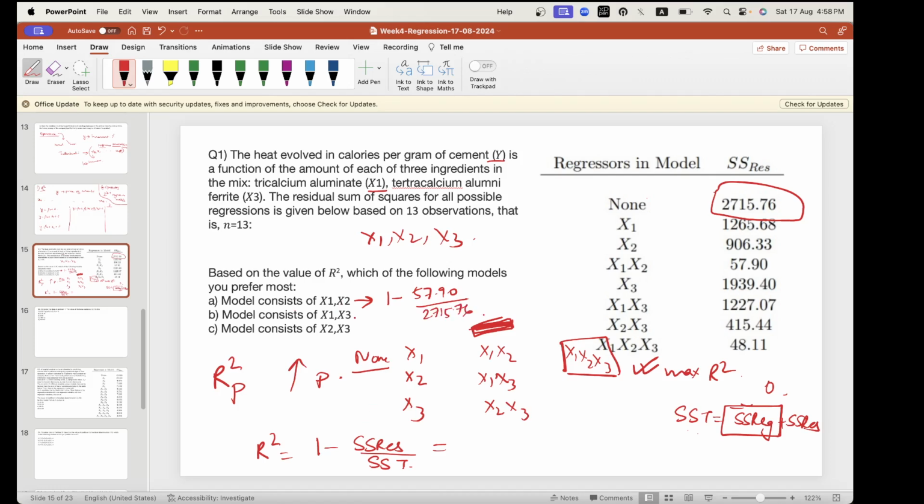For this one it would be 1 minus, same thing, SS residual for x1 x3, 1227 by 2715.76, and for x2 x3 also it would be 1 minus 415 by 2715.76. So the best model would be given by x1 and x2.